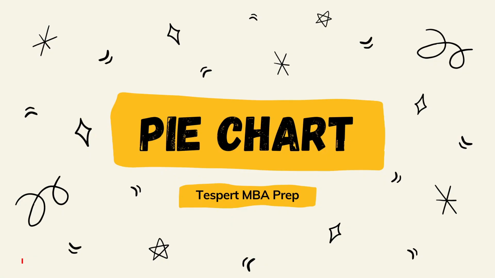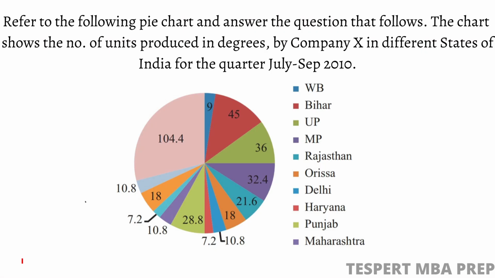So the next type is pie charts. So it's basically a circular representation of data, and in this circular representation, the total angle is 360 degrees. And in pie charts, we know that each and everything will be the sector, right?